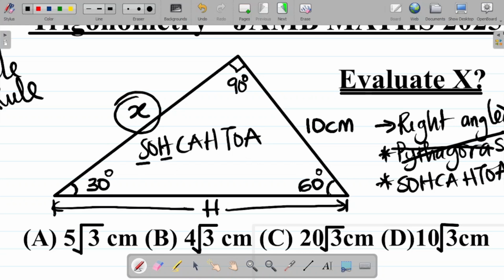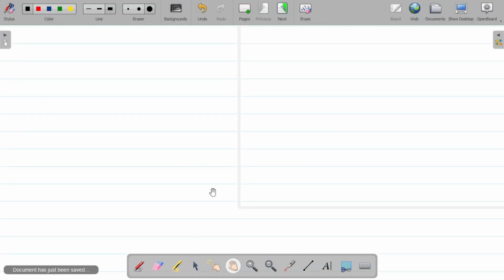Sine depends on the hypotenuse, whose value we don't have. Cos also depends on the hypotenuse, whose value we do not have. So sine and cos will not be needed. Instead, we use TOA, that is, tan. So for this question, we're using tan.